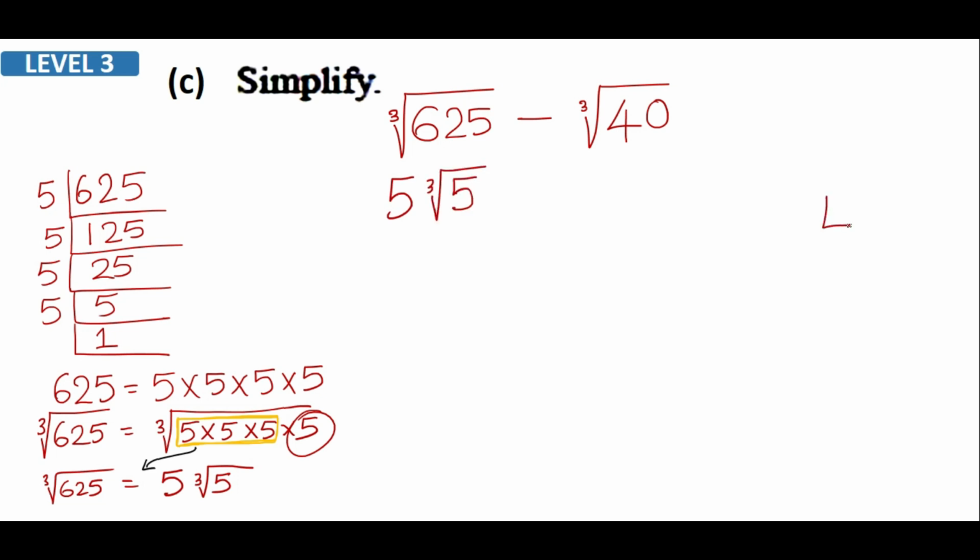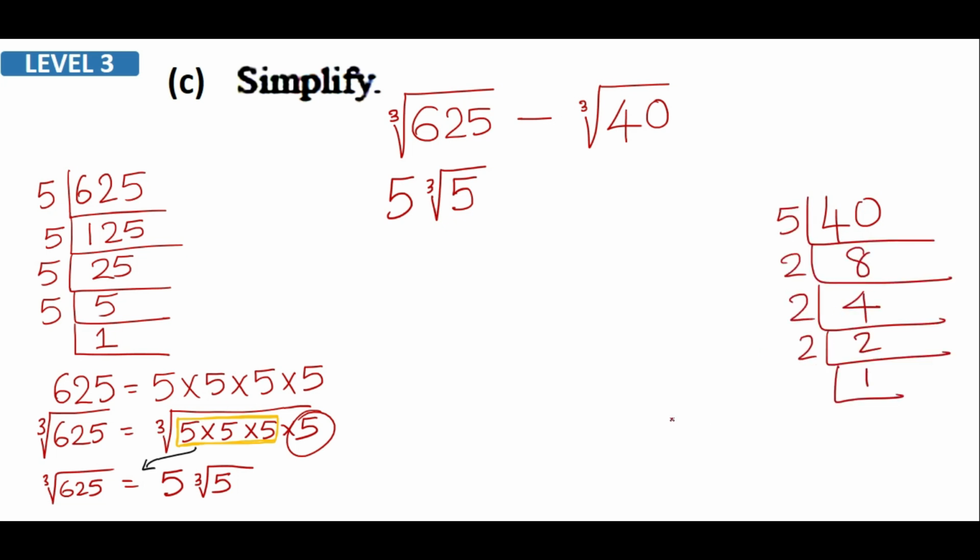Now factorizing 40 on the other side. So cube root of 40 can be written as cube root of 5 times 2 times 2 times 2. I have the term 2 repeated thrice inside the cube root. So the 2 jumps out of the cube root, and inside the cube root I have the 5.